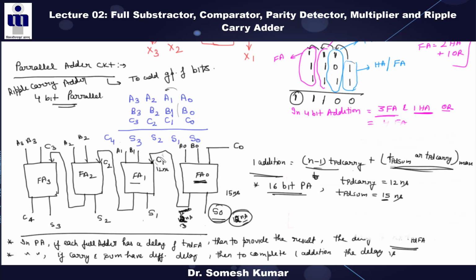Clear? So again this S1 you get in 15 nanoseconds, and the carry in 12 nanoseconds. In this way the cycle repeats, so that's why this formula is valid. Clear? This is all about the parallel adder, also called the ripple carry adder.